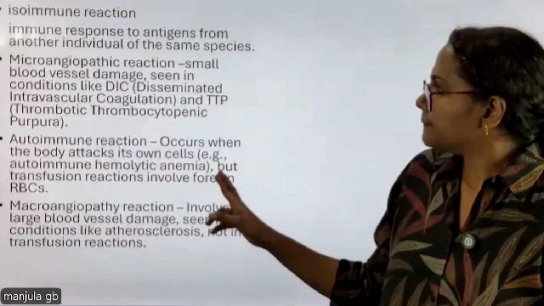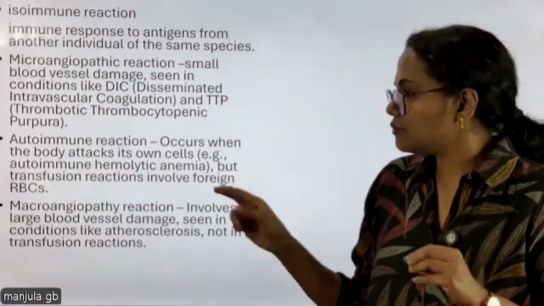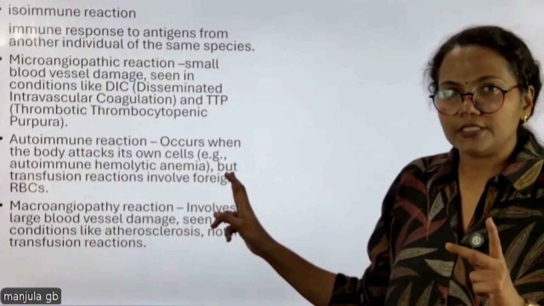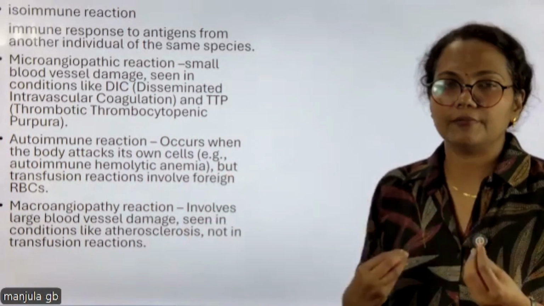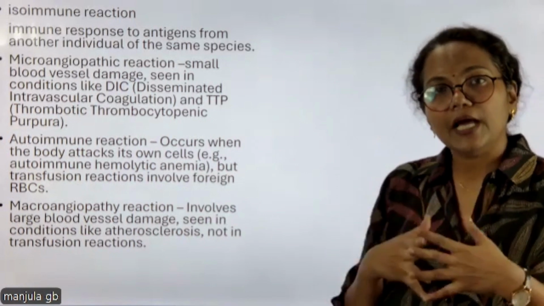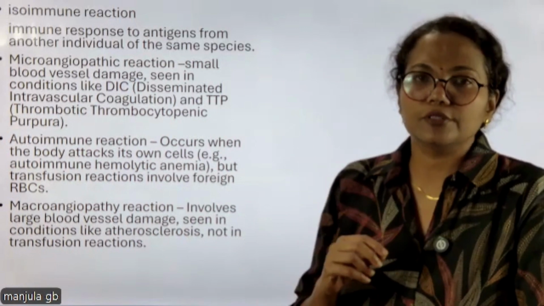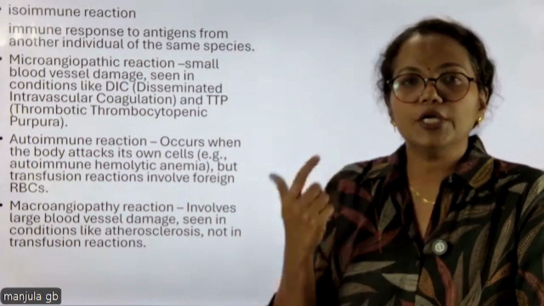But what happens in blood transfusion? There is a foreign RBC, right? It is not your own RBCs. It is a foreign RBC. So your body will try to attack those foreign RBCs which are there in your body. So that is called an isoimmune reaction.